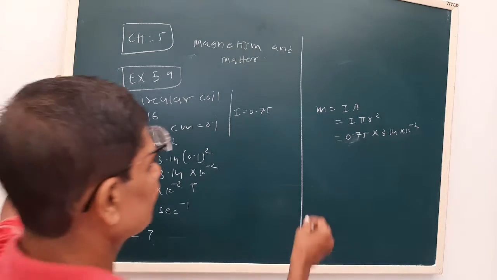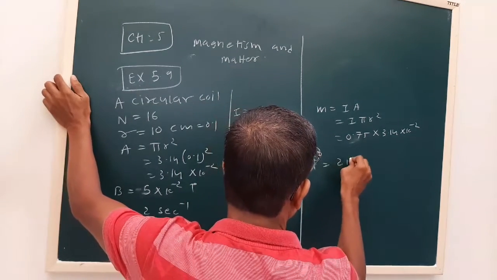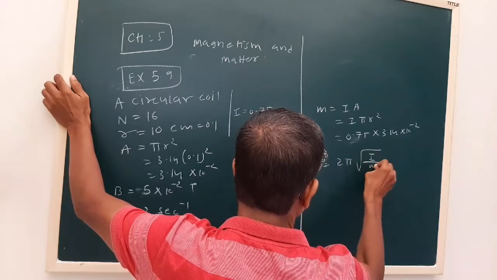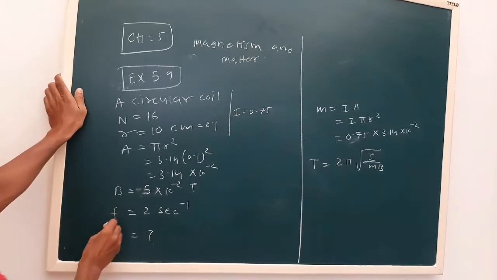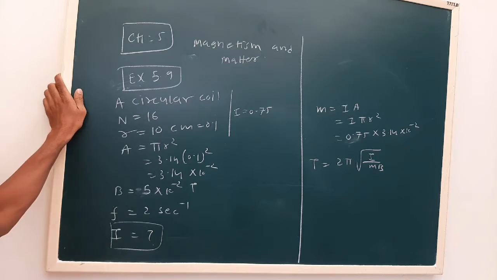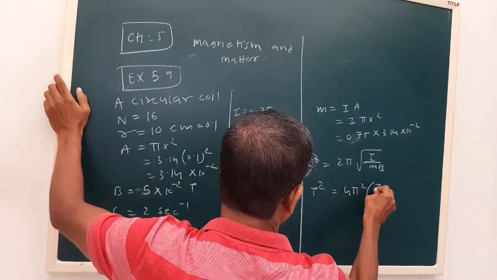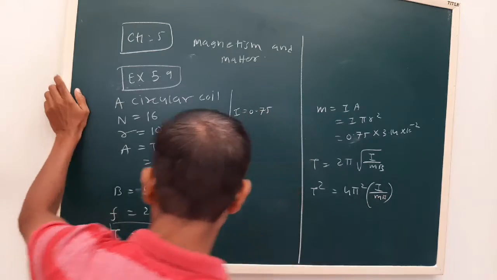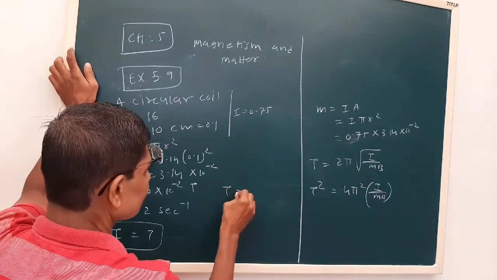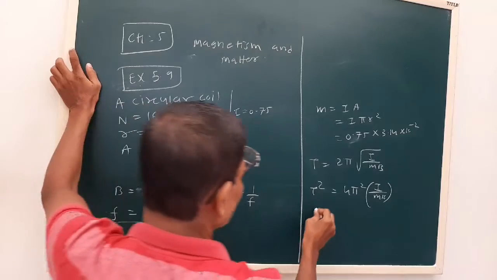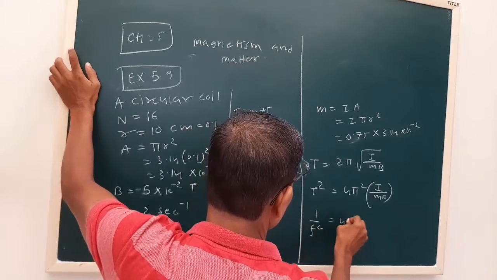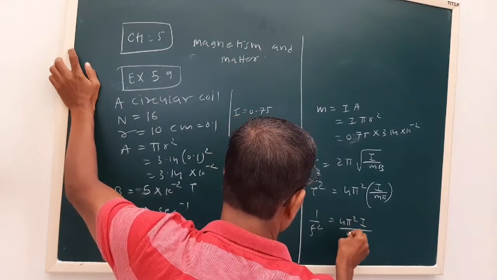Now frequency is given. See our formula, T is 2 pi root I upon mB. What you have to find out is the moment of inertia about the axis of rotation. So T square is 4 pi square I upon mB. Now see T is 1 by f. So 1 upon f square equals 4 pi square I upon mB.